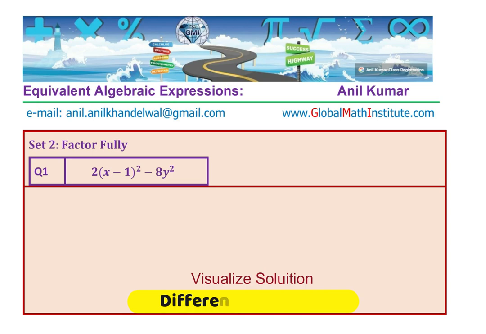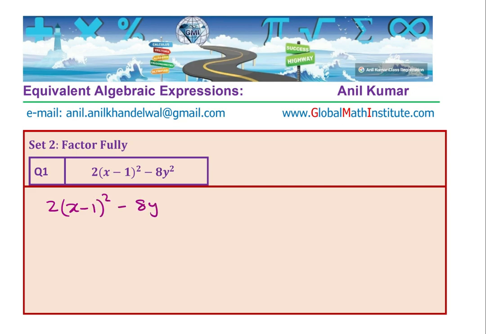2x minus 1 whole square minus 8y square is to be factored. So when you look at it, you know 2 is a common factor, and therefore we can rewrite this as 2 times x minus 1 whole square minus 4y square.